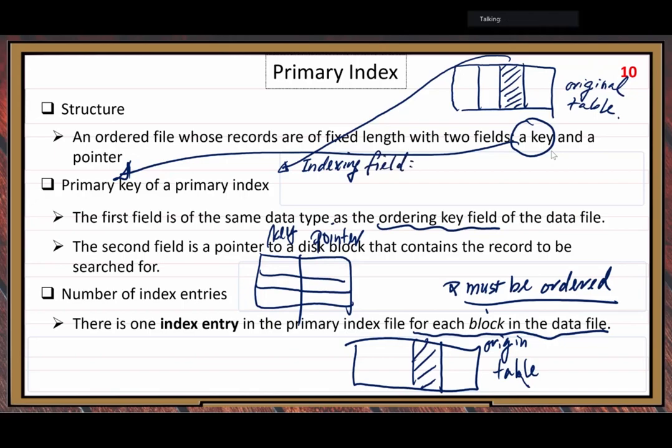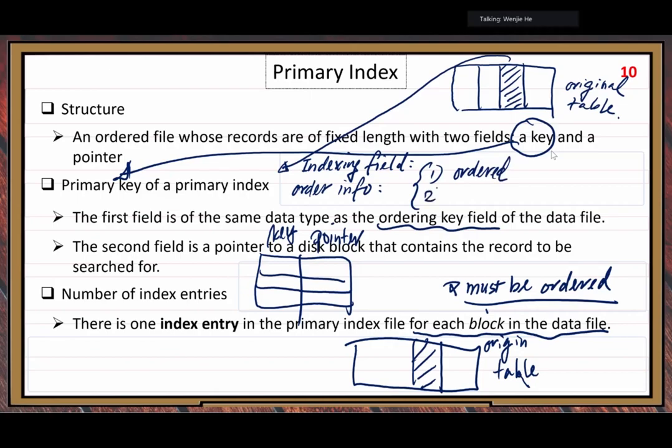Now we consider the order information for the indexing field. There are two cases. The first case, the indexing field is ordered.